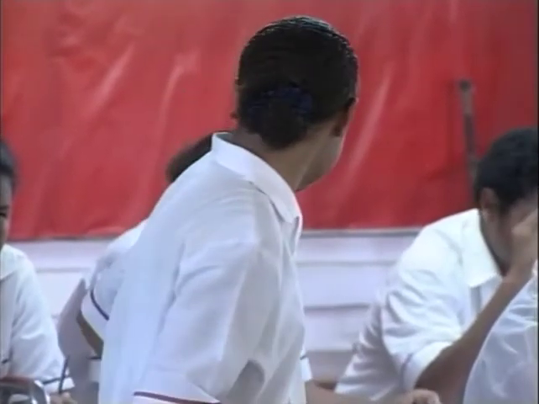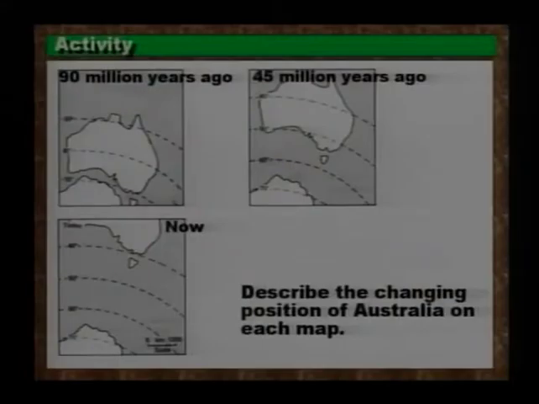Okay, wait, we'll check that one. Silo says Australia and Antarctica were one landmass 90 million years ago. Check. No? Okay, that correction will have to be made. Check. 90 million years ago, they were not connected, they were not one landmass. So we cannot say they were one landmass.